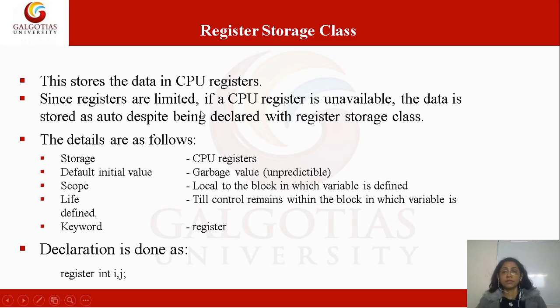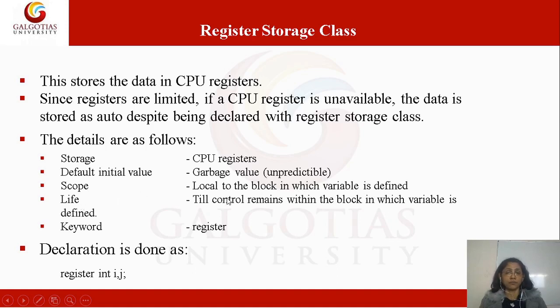As the name suggests, it is generally going to be stored in registers, as I had told you. Since registers are limited, if CPU registers are not available, the data is stored as auto despite being declared as register. By default, the storage is register, the default initial value is a garbage value here also, the scope is local to the block in which the variable is defined, as in the case of auto.